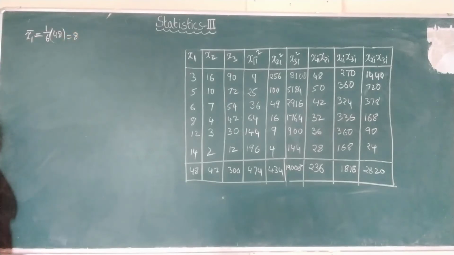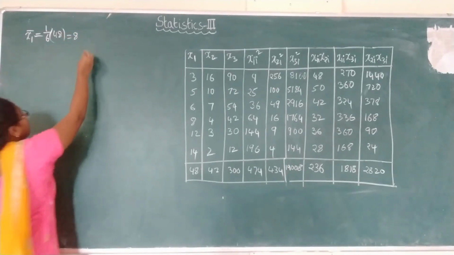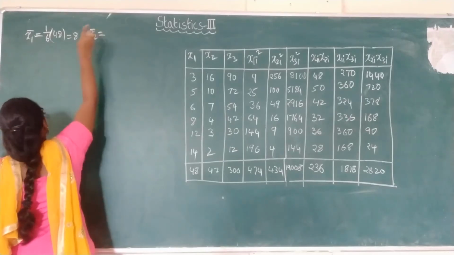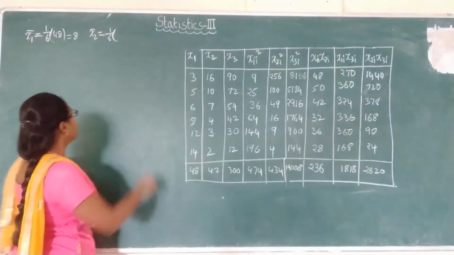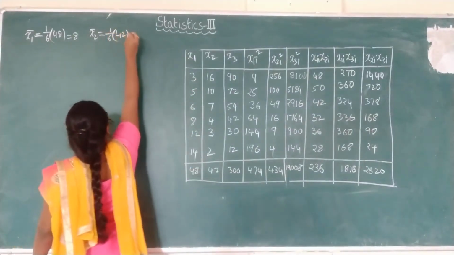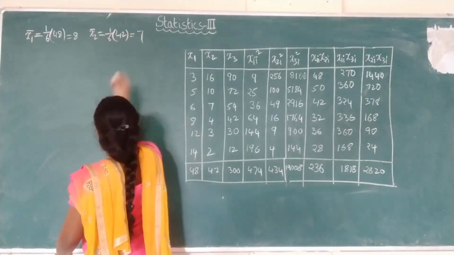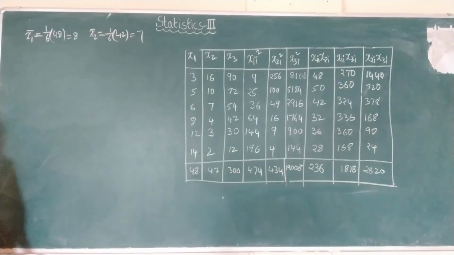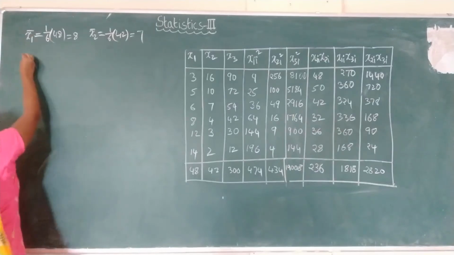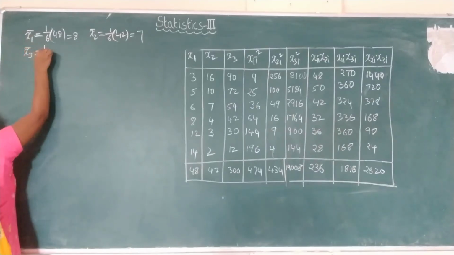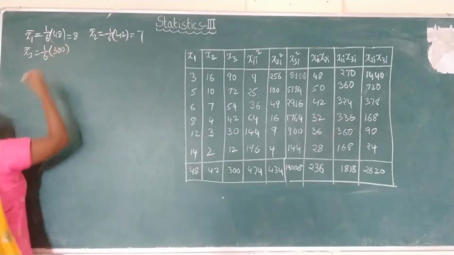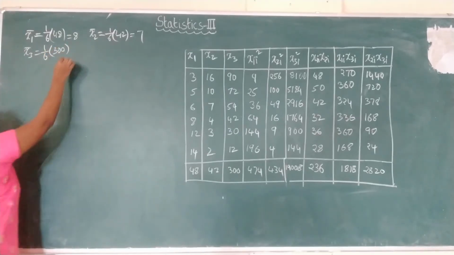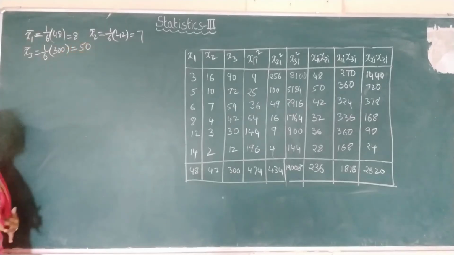Similarly, x2 bar equals 1 by 6 into summation of x2i, 42. 6 sevens are 42. So x2 bar equals 7. Now similarly find out x3 bar. x3 bar equals 1 by 6 into the summation of x3, 300. 6 fives are 30, so 50 is the x3 bar value.